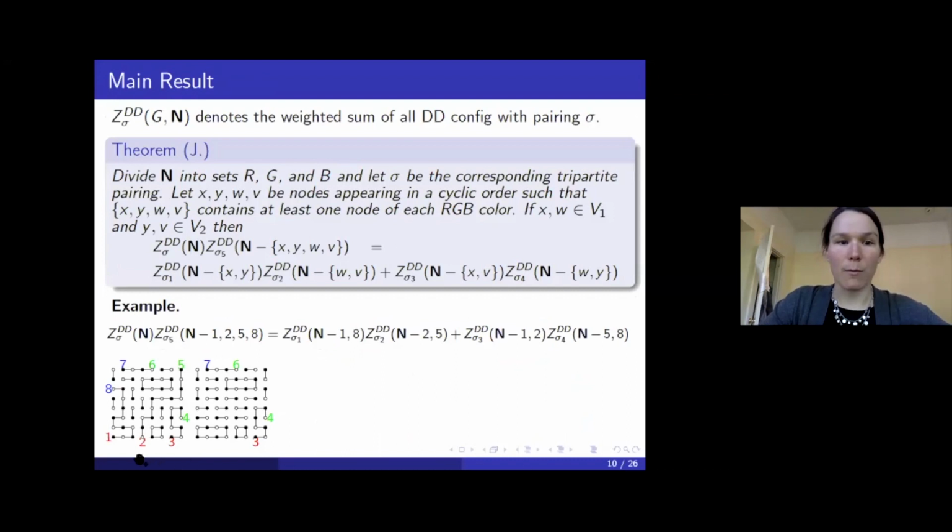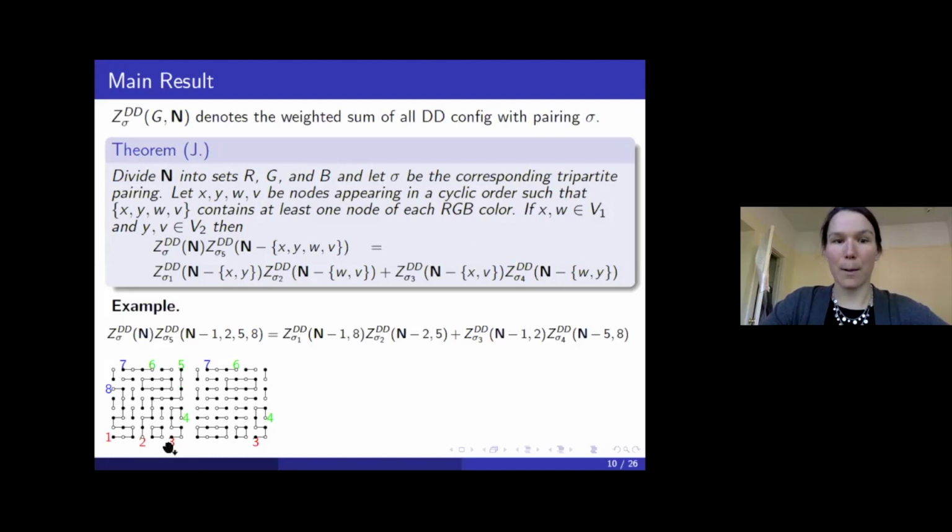So what we have is a set of nodes. In this example, we have 8 nodes, and they're colored red, green, and blue. And we let sigma be the corresponding tripartite pairing in which like colors are not paired. So 1 is paired with 8, 2 and 5, 3 and 4, and 7 and 6.